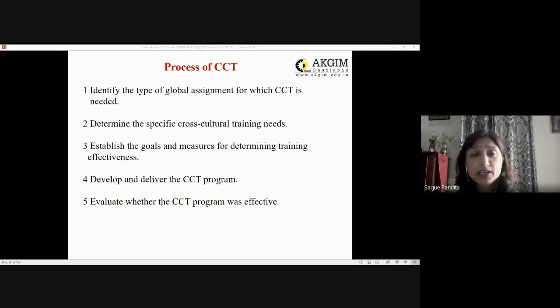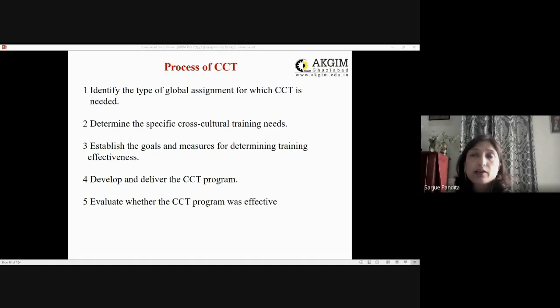Then we have the developmental type. An assignee who has been sent to the international location as part of development or high potential training has to be consistent with the overall strategic human resource plan. Most organizations utilize this type of global assignment within the context of a managerial development program.